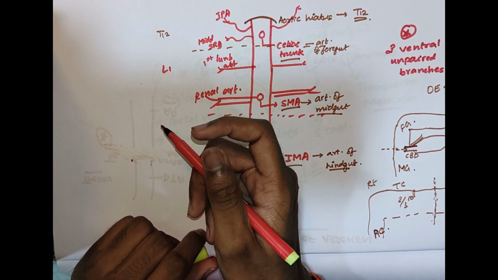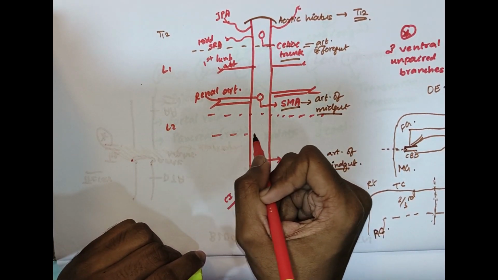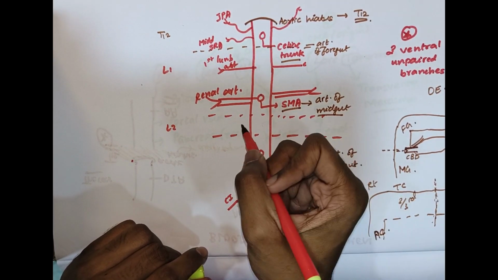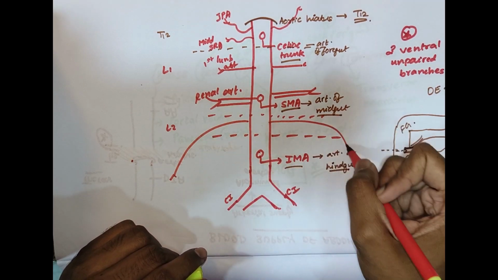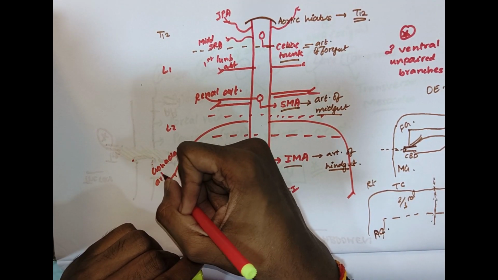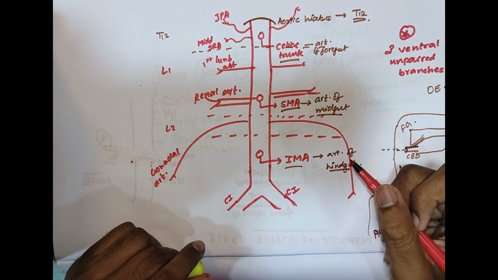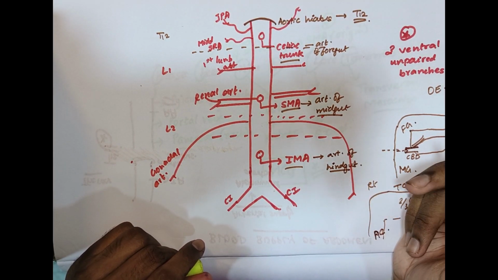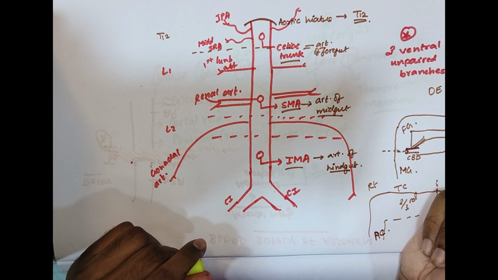Now, at the level of L2, we have another important artery, which is the gonadal artery, that is, the testicular artery and the ovarian artery in males and females respectively.